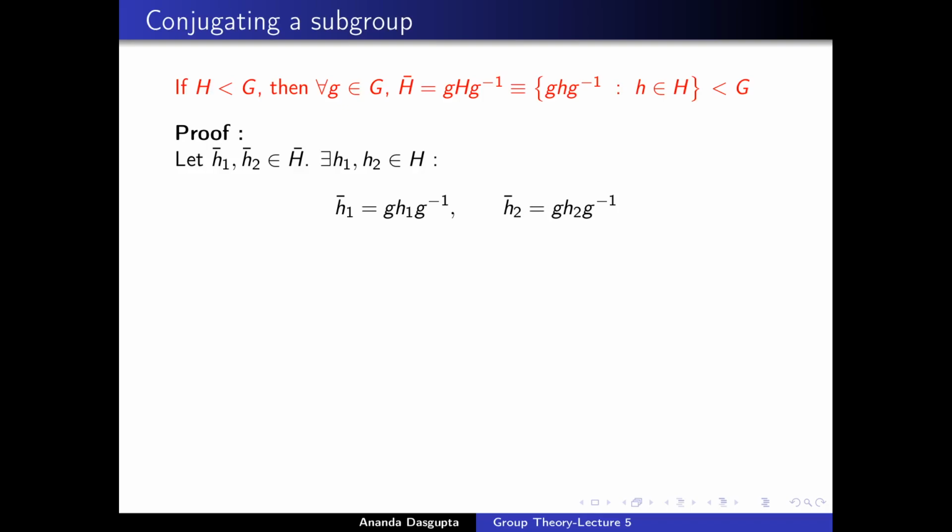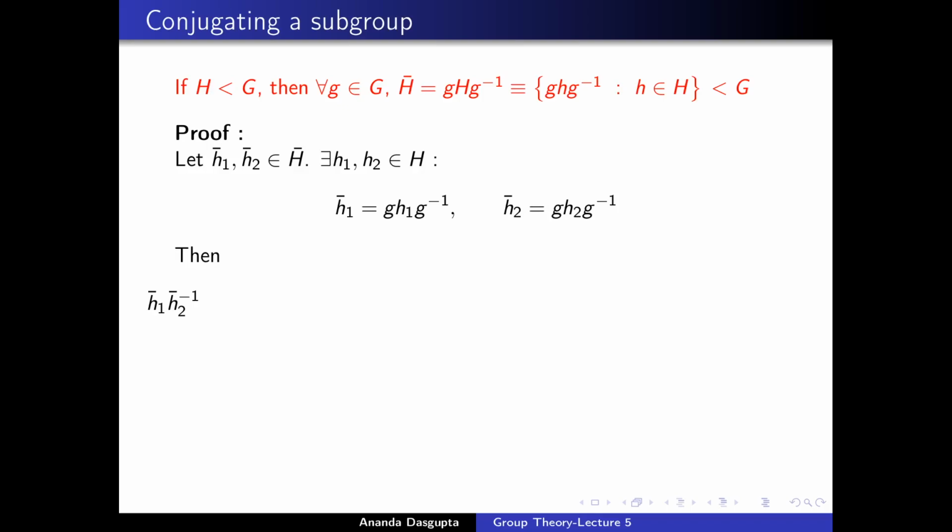So let us try to use our theorem for subgroups with h1 bar and h2 bar as two arbitrary elements of the set capital H bar. So let us form h1 bar h2 bar inverse.